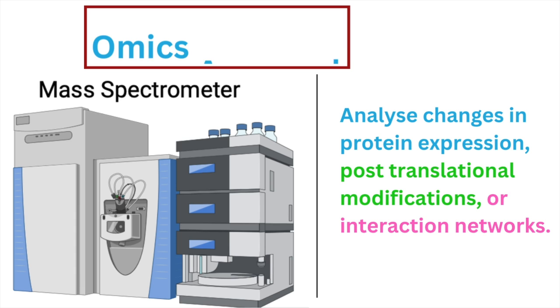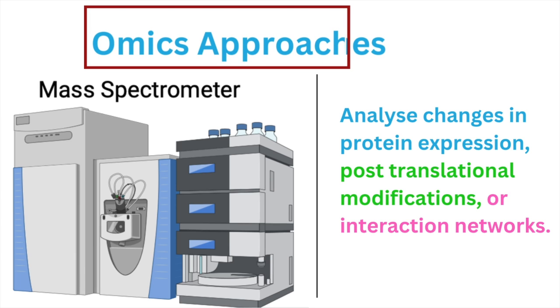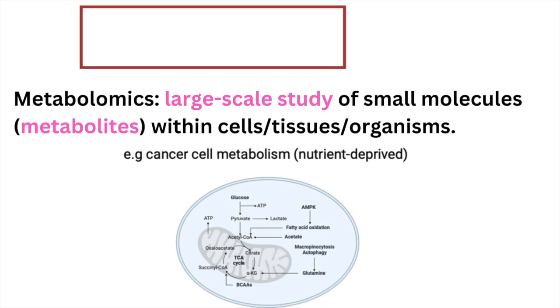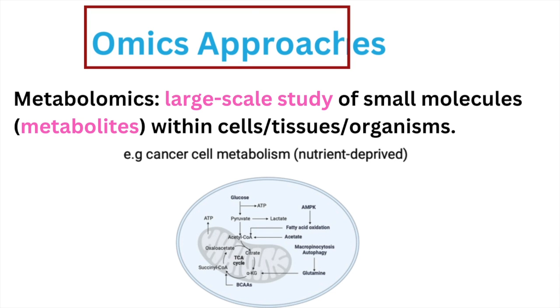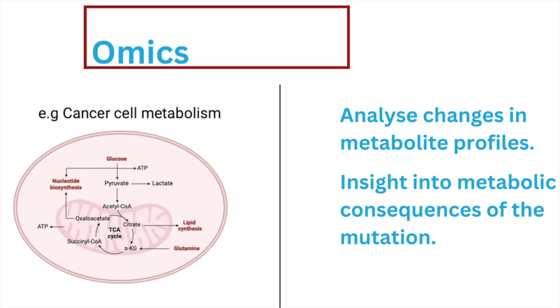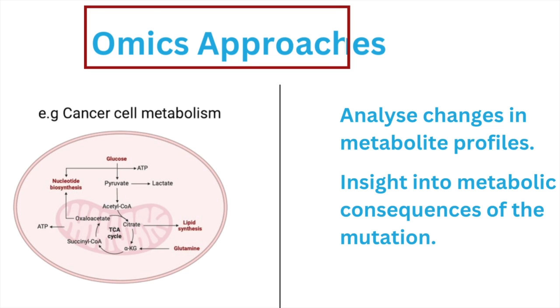And here, mass spectrometry-based proteomics can be used to analyze changes in protein expression, post-translational modifications, or interaction networks. Metabolomics also falls under the omics approaches, and here you analyze changes in metabolite profiles, and these can provide insight into the metabolic consequences of the mutation.